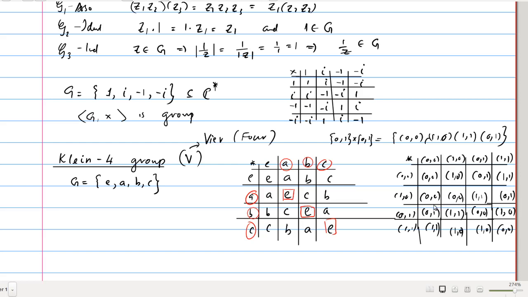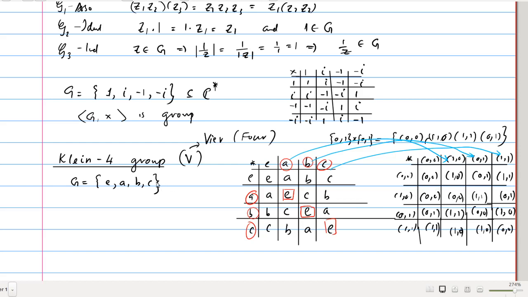Verify that this is a group, and if we replace the naming, A by (1,0), B by (0,1), and C by (1,1), you get the same table. That means these two structures are the same, or these are isomorphic structures. So we can call this group also a Klein four group.